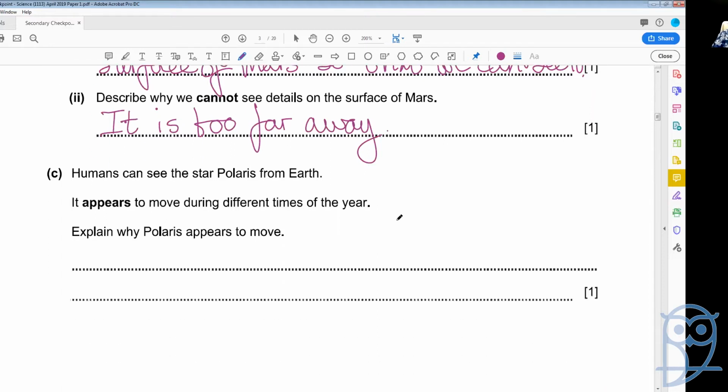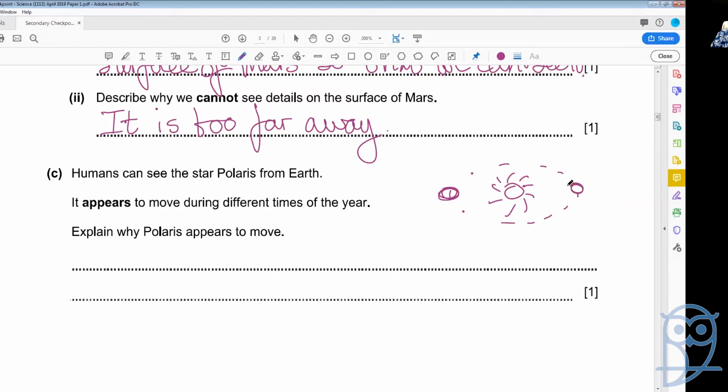Okay, humans can see the star Polaris from the Earth. It appears to move during different times of the year. Explain why Polaris appears to move. So let me draw a picture. So here we've got the sun, and here we have the Earth, and the Earth is moving around the sun, right?